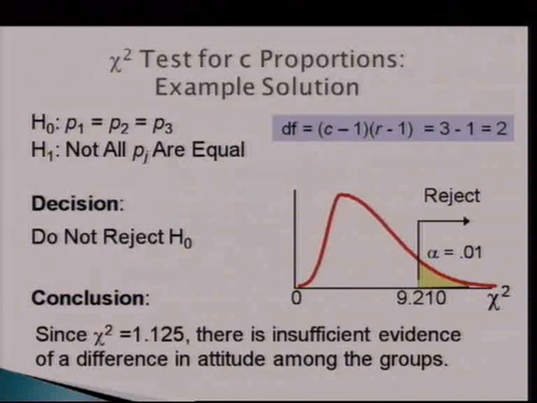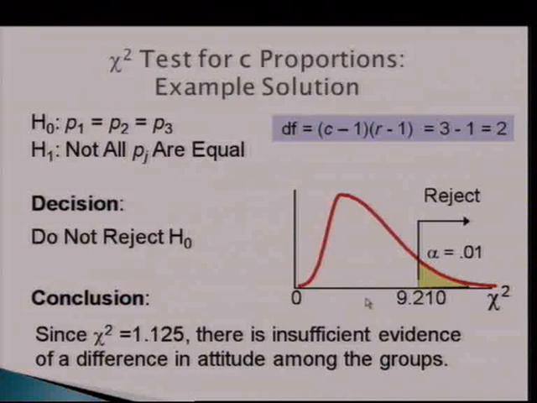Okay. So now the decision: after finding this value, refer to our chi-square table. If we refer to our chi-square table at 0.01, this is 9.210 with the degrees of freedom as 2. Degrees of freedom is normally written in the row, and alpha is recorded in the column. So it is 9.210, but we have got our chi-square value as 1.125, which is much less than 9.210.